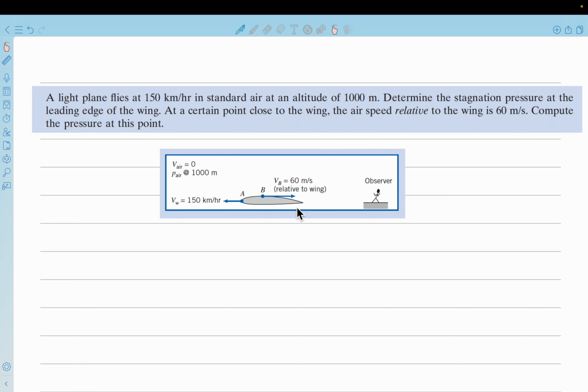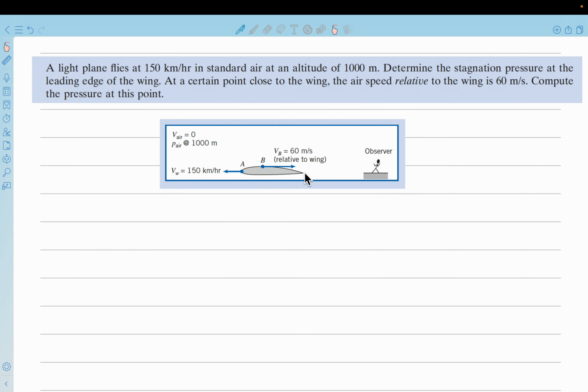We have this plane and it is represented only by the airfoil structure of the wing. Okay, so the wing is 3-dimensional, but we are just treating this as a 2-dimensional problem. And we know the speed with which the plane is flying. Now what will happen is that along this airfoil, when the flow has to rise, it is going to decelerate, and beyond this it will accelerate.